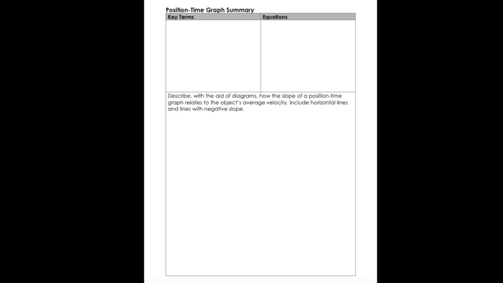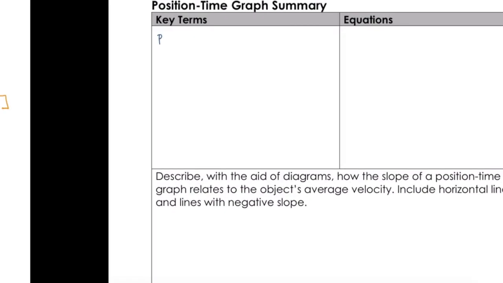So for a position time graph, this just shows the position of an object as a function of time. Okay, and so that's position time graphs.